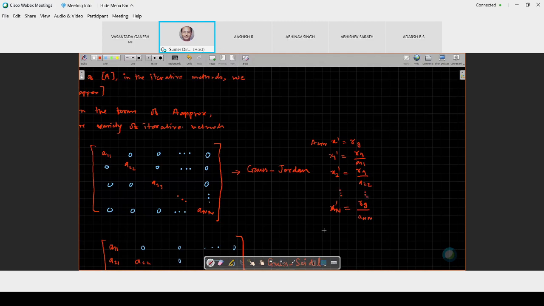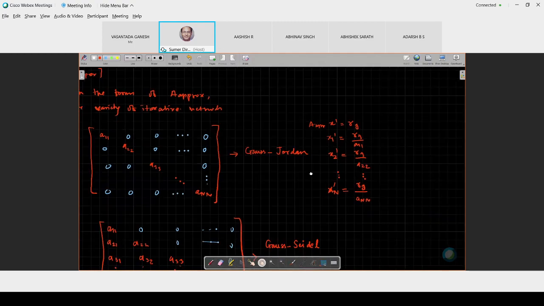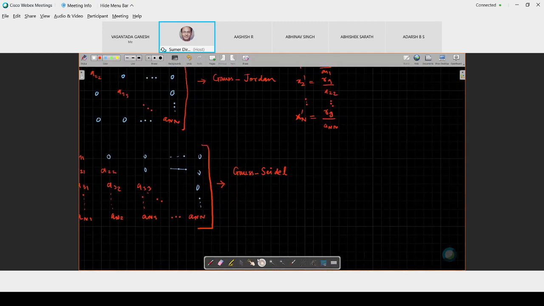You see, in case of this method in Gauss-Seidel, the x1 prime would be equal to rg divided by a11, and x2 prime would be equal to rg minus a21 x1 prime divided by a22.